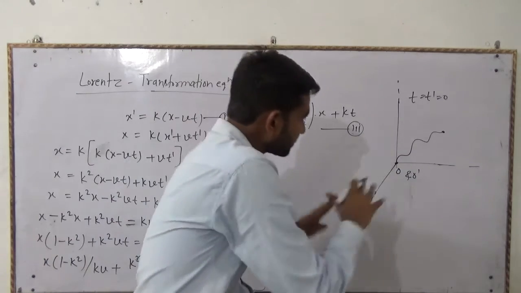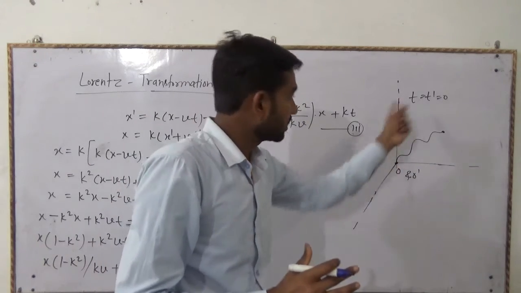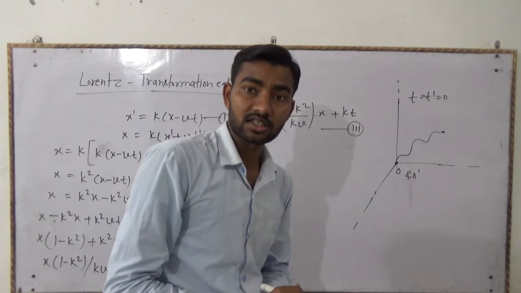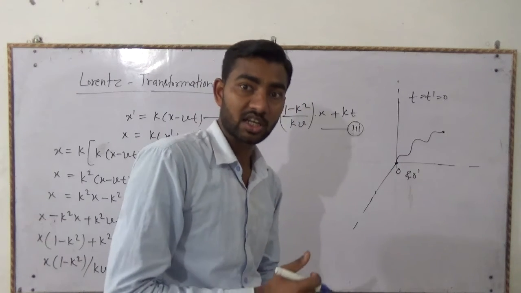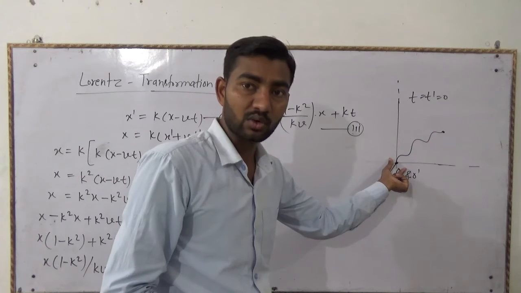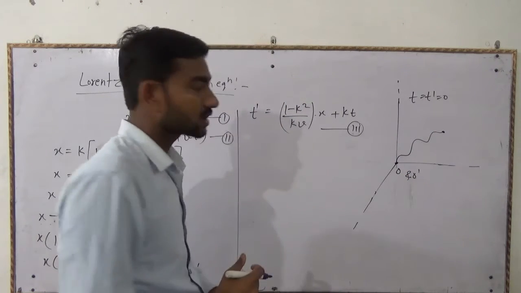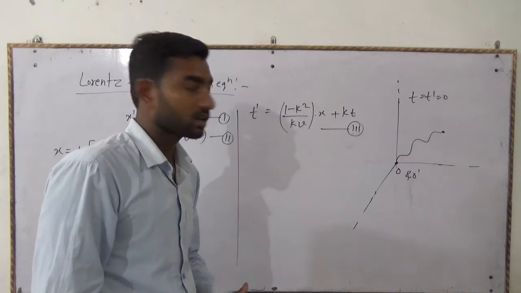It is my imagination, two frames of reference coincide with each other at time t is equal to t dash is equal to 0, and again we are assuming that a light signal is emitting from this common origin O and O dash, and we will observe the position of the light signal.